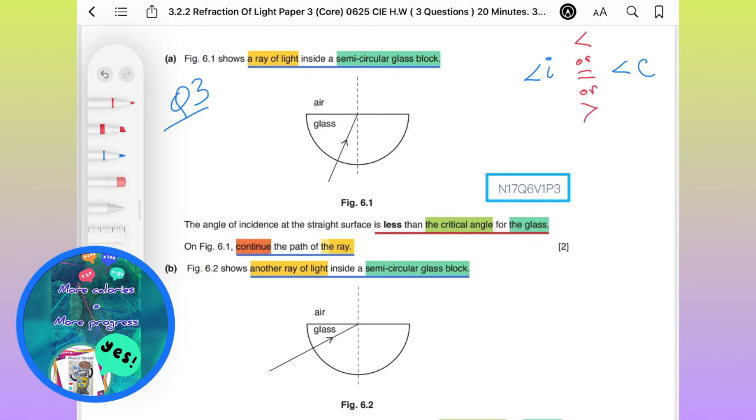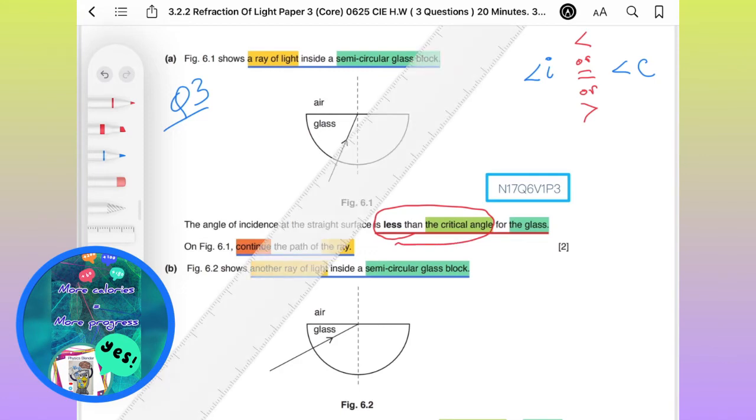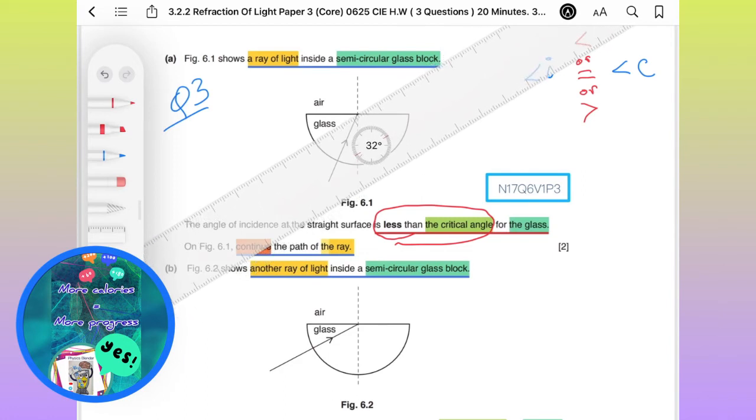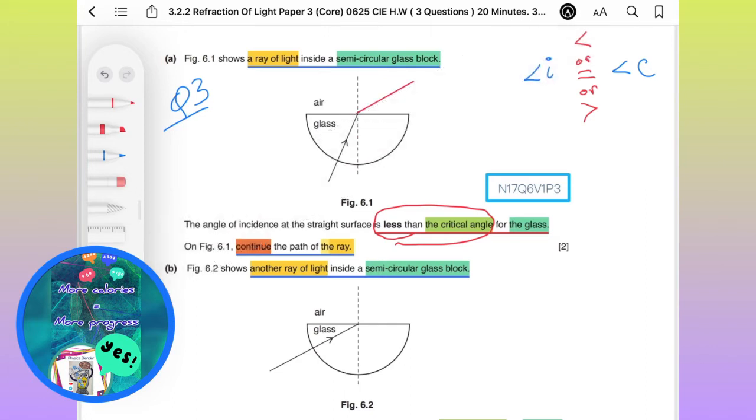Okay, so how the light ray will behave in this case, since you know that our case is talking about less than the critical angle. Less than means the ray will be refracted in air away from the normal. So this is the answer for the first question.